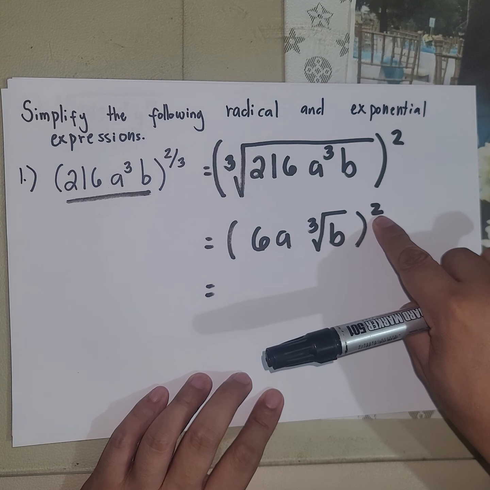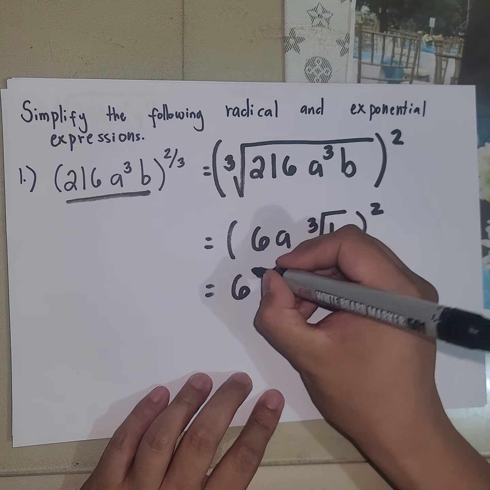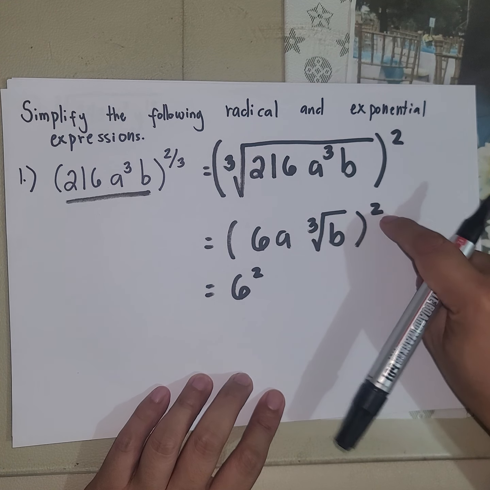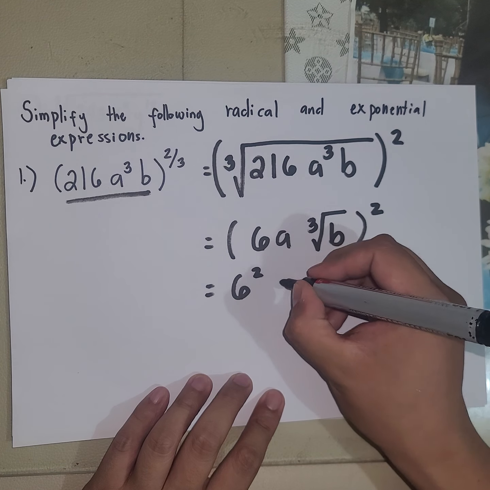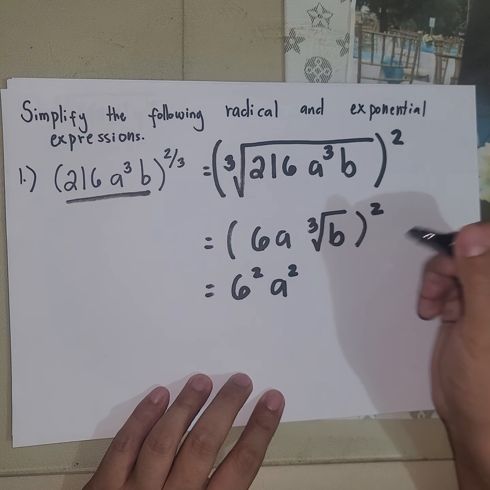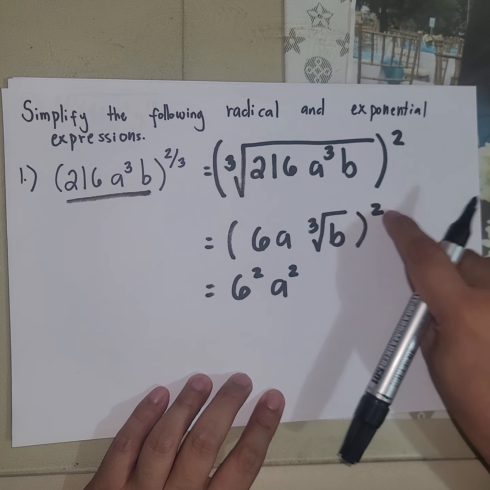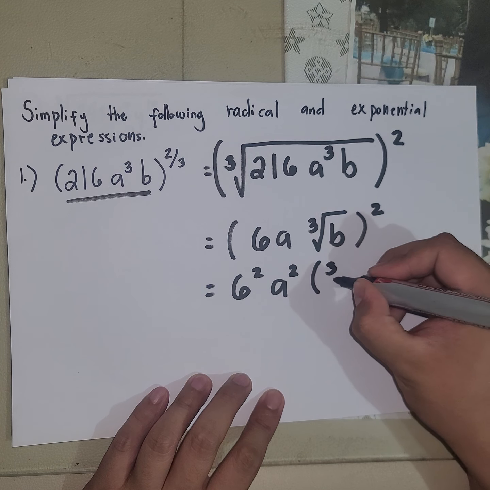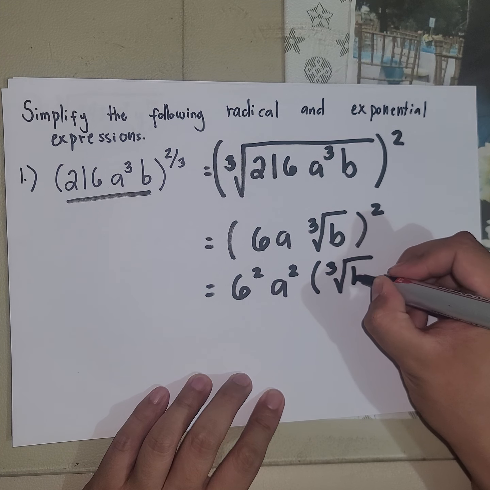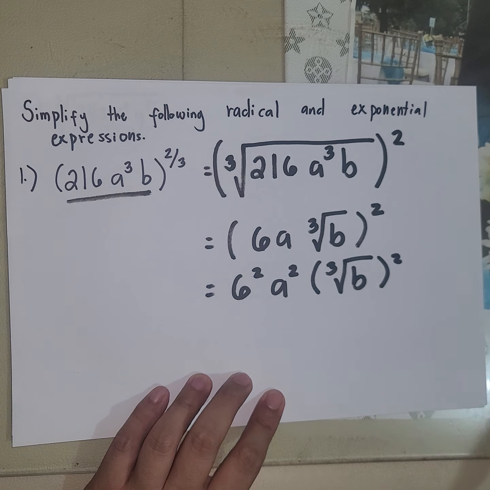The exponent 2 multiplied to the exponent of 6, that is 6 raised to 2. And then yung 2, i-multiply mo doon sa exponent ng a, that is a raised to 2. And then the cube root of b, since naka-exponent yan, ganito mo lang siya: cube root of b squared. Mas madali.